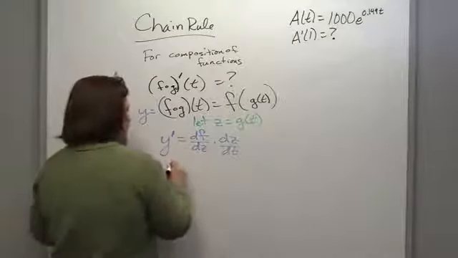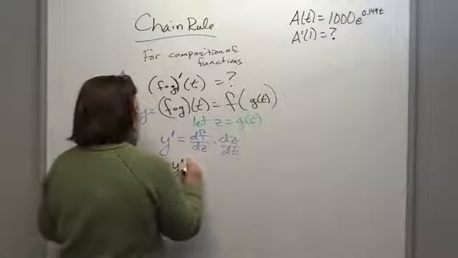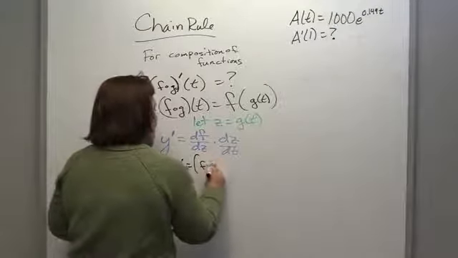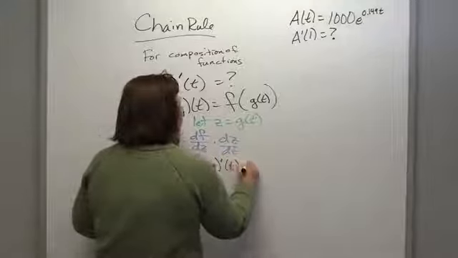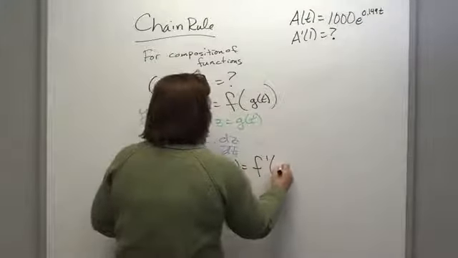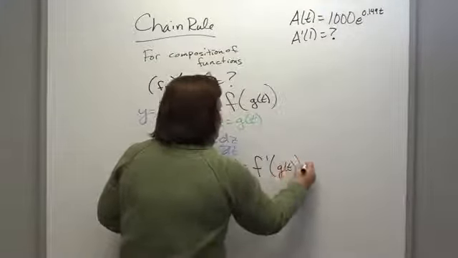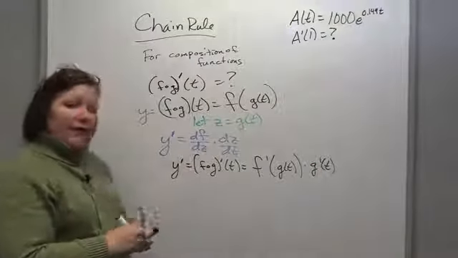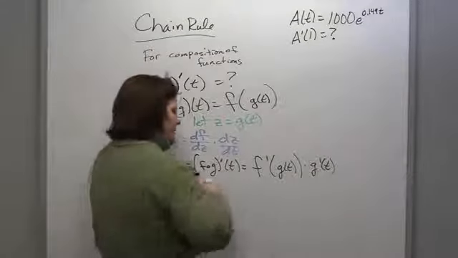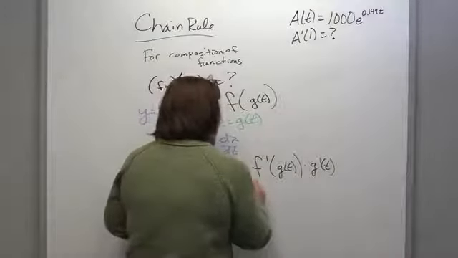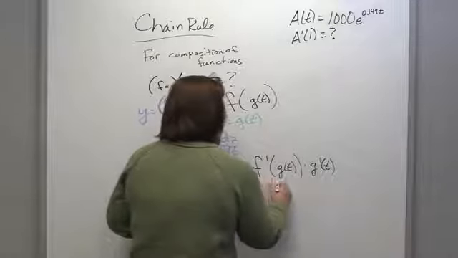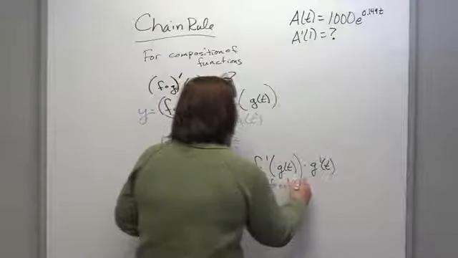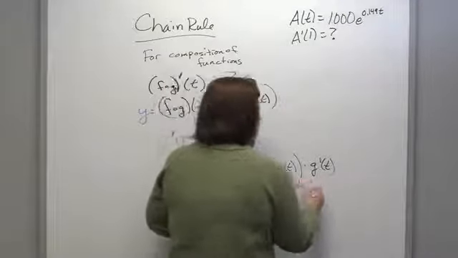So another way of looking at the same thing is we have f prime of g of t times g prime of t. And how I verbalize this is as derivative of the outside times derivative of the inside.